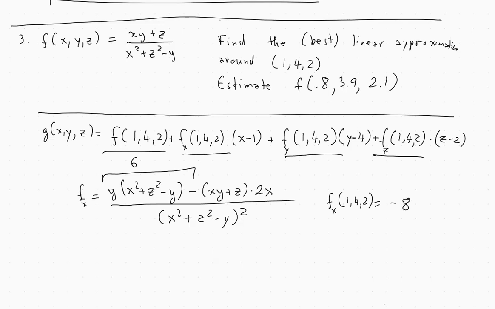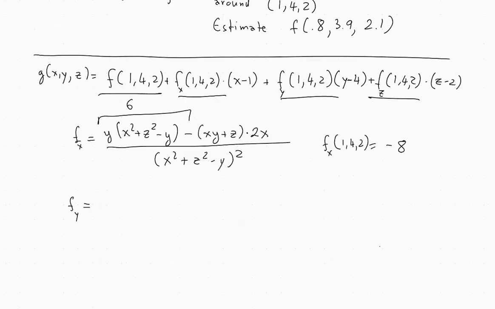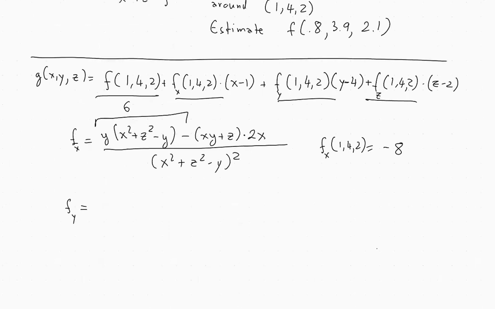How much is f sub y? F sub y is going to be, let's apply again the quotient rule. It's going to be x, the derivative with respect to y of the top, times the bottom, minus the top times the derivative of the bottom, which is negative 1, over x squared plus z squared minus y, all squared.